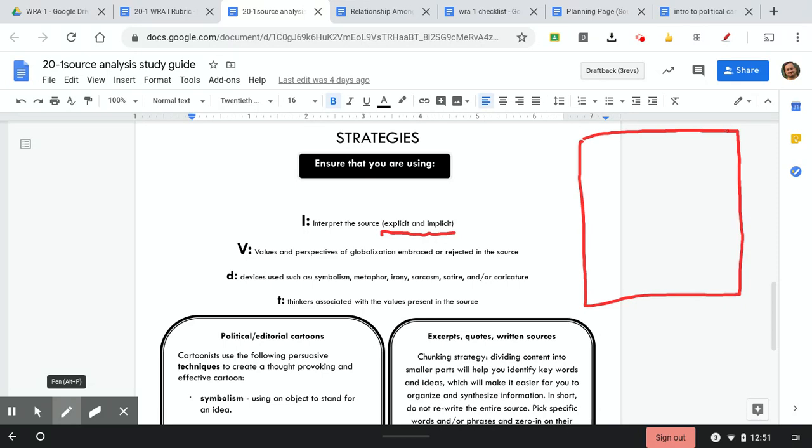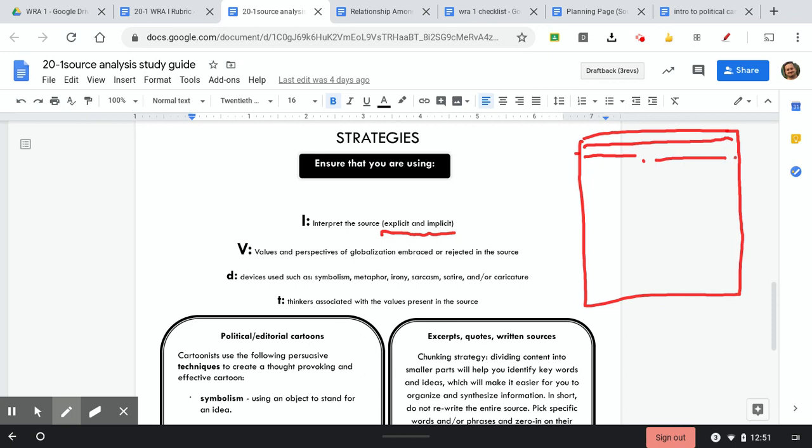So they need to be thorough. Only your first maybe sentence to 2 sentences is explicit information. So that is your most brief section of the source analysis.